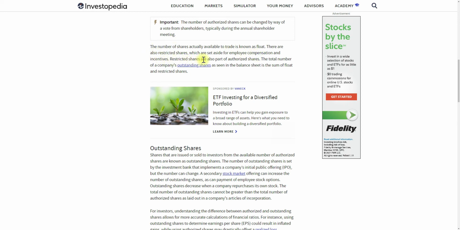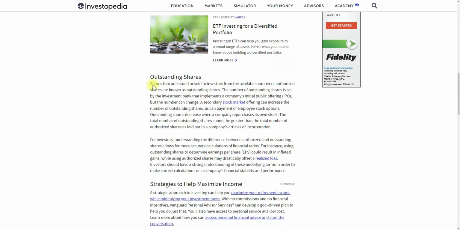Restricted shares are also part of the authorized shares. The total number of a company's outstanding shares, as seen in the balance sheet, is the sum of float and restricted. So shares that are issued or sold to investors, us, from the available number of authorized shares are known as outstanding shares.